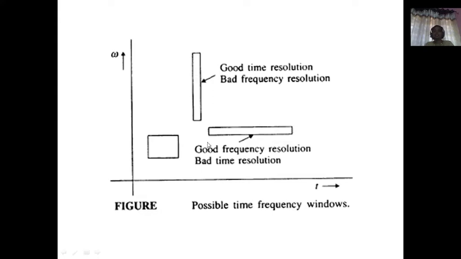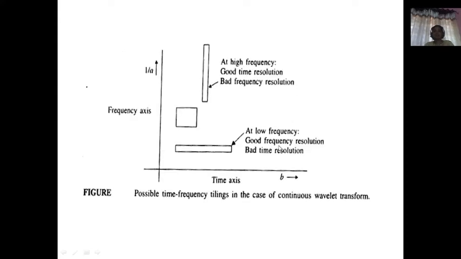If you increase the frequency resolution, you lose time resolution. If you increase the time resolution, you lose the frequency resolution. Depending upon the requirement and the frequency components in the given signal, you can select either time localization, or a frequency resolved view for a particular time instant.